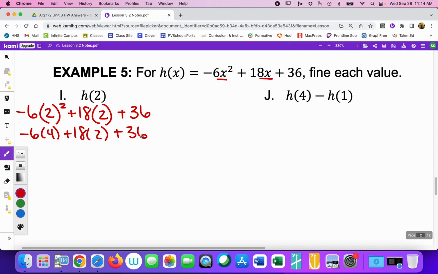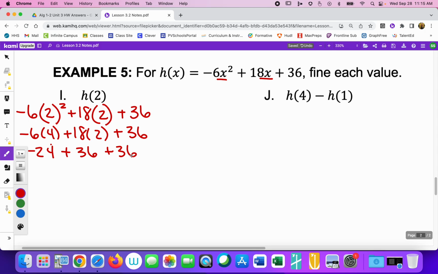Now we'll multiply -6 times 4 and 18 times 2. So it's -6 times 4. Negative 24. 18 times 2. 36.